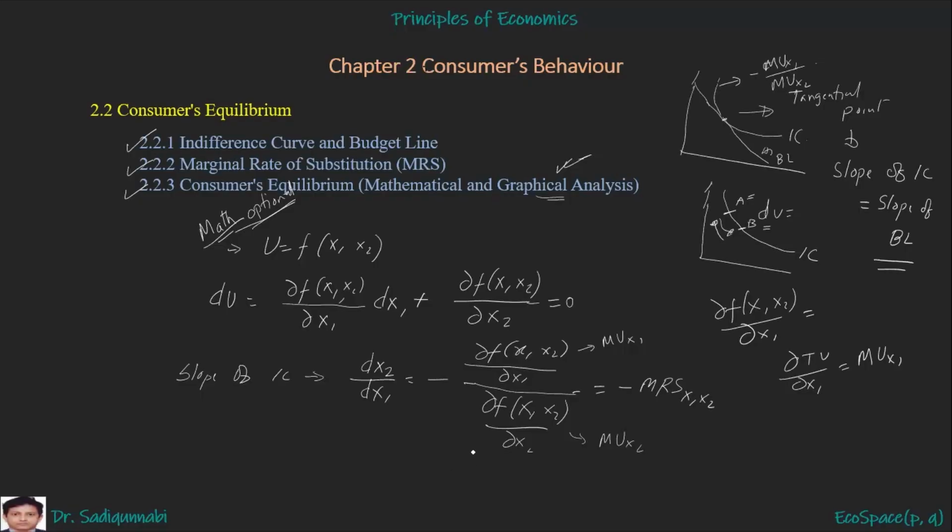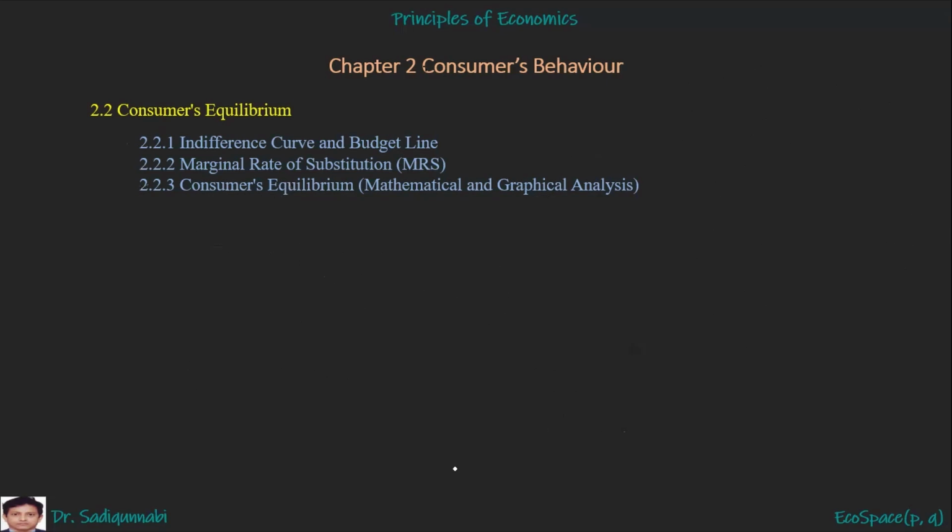But how can we find the slope of BL? Any idea? This is also very easy. So we know that P1 x1 plus P2 x2 is M, right? So this is our BL. So we can say that P2 x2 equals M minus P1 x1, right?